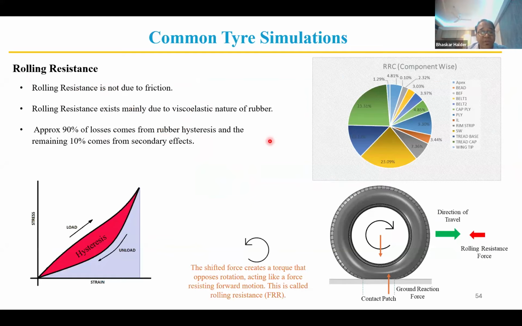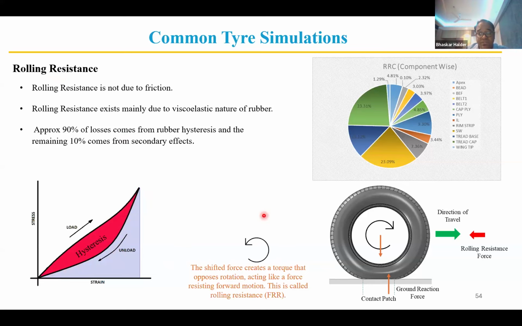When I go for any testing, the rubber doesn't follow the same path when it is loaded and when it is unloaded. It always takes a different path, and this is the loss we call hysteresis loss. Due to this loss, the energy given to the tire does not come back in the same amount. These losses cause the rolling resistance.